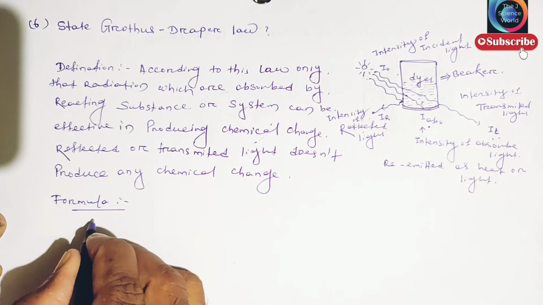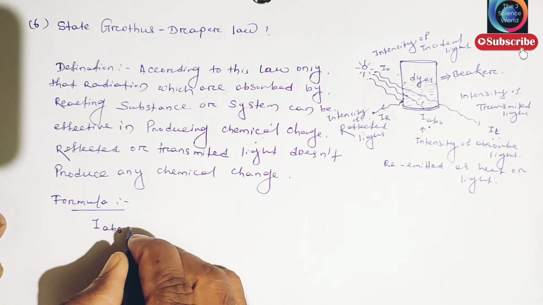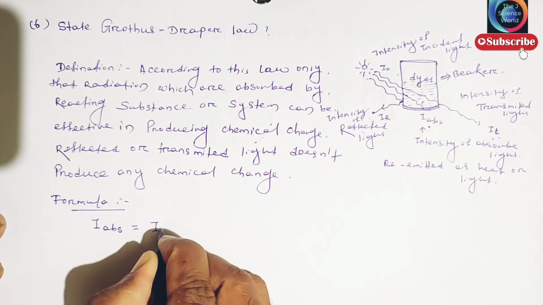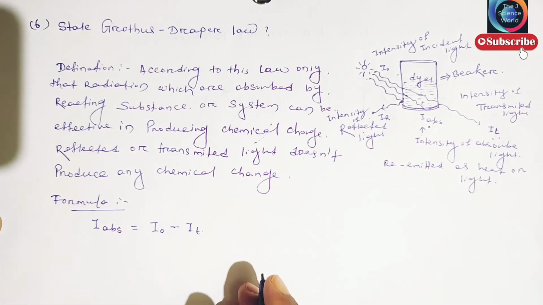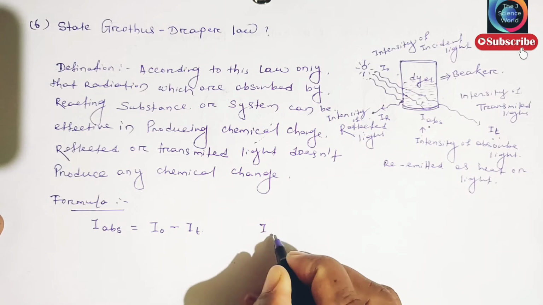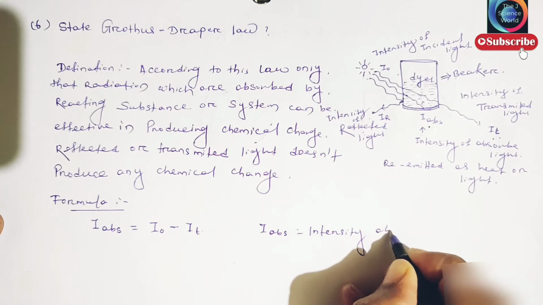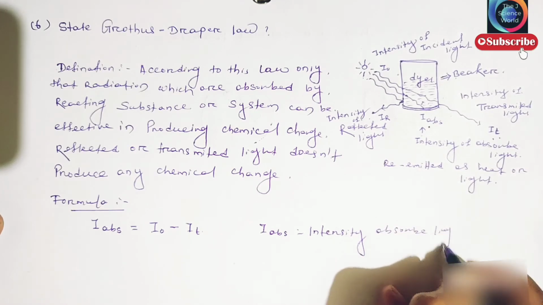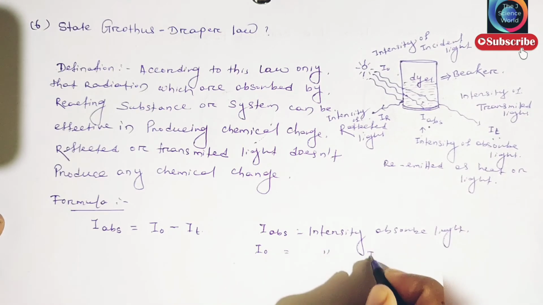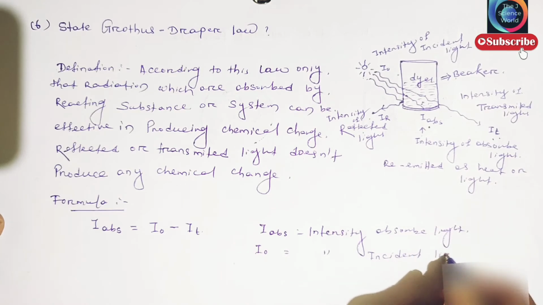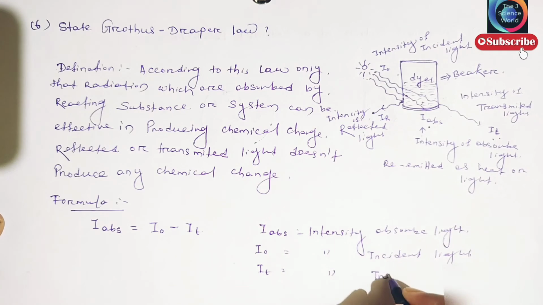The intensity of absorbed radiation, that is the absorbed light, is given by I naught, the intensity of incident light, minus IT, the intensity of transmitted light.